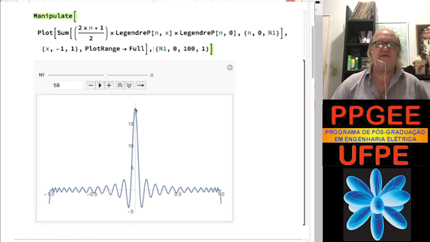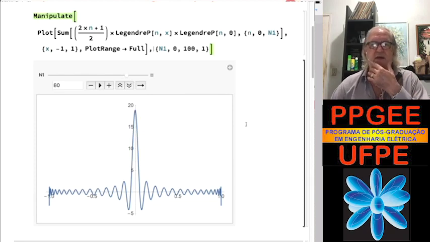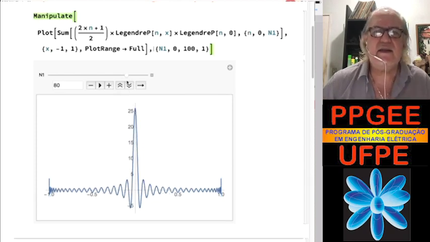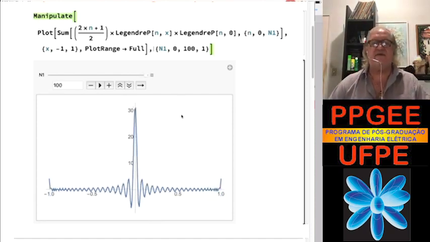You see that the peak value is increasing, and the width is decreasing. So we are concentrating more and more. For 80 terms, it's still calculating. You have to put a lot of terms so you really get to the delta function, right?